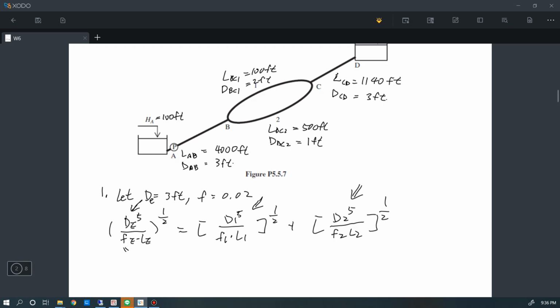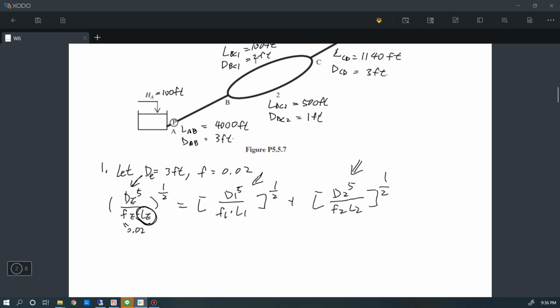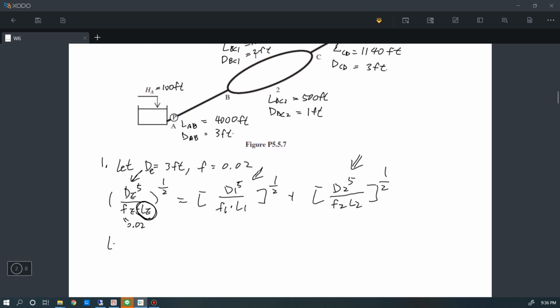So this FE, the equivalent pipeline's factor F, is also equal to 0.02. So the only unknown parameter is the length of this equivalent pipeline. So we can easily calculate this LE, and I just give the number, which is equal to 652 feet.